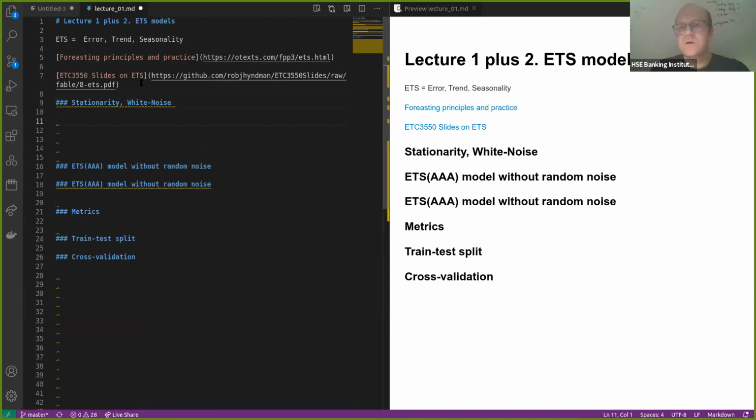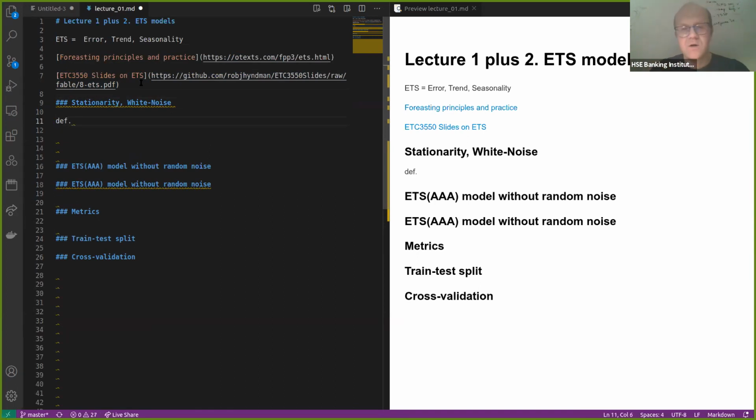So first, let's start with some general concepts in time series. First definition: what is a stochastic or random process? What do you think? What is a stochastic or random process? What's your opinion?